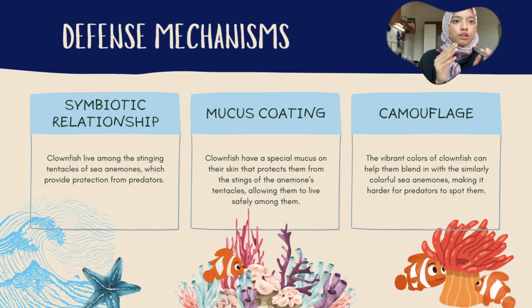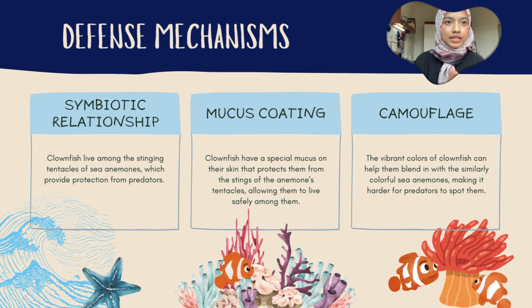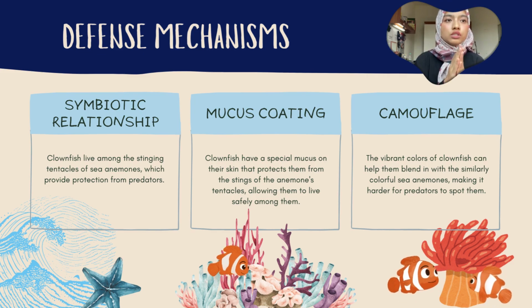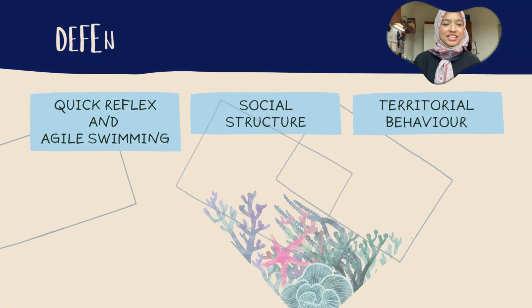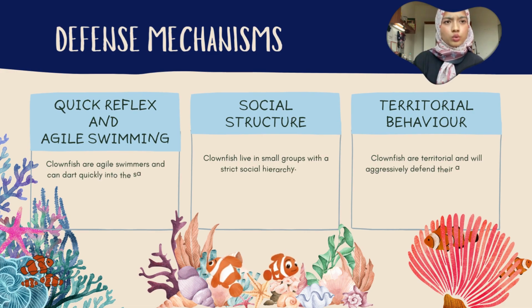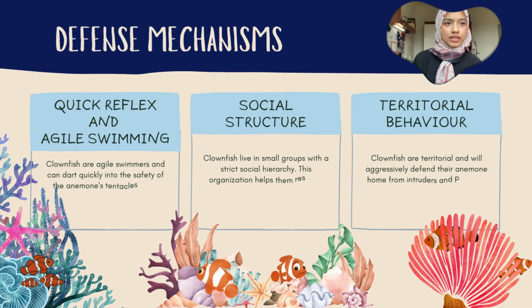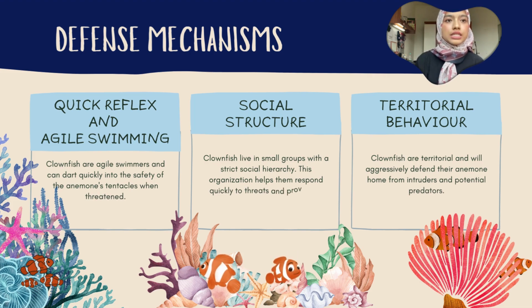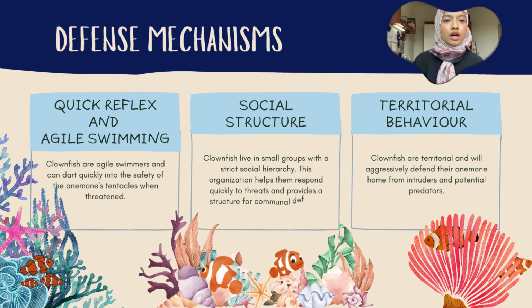The vibrant colors of clownfish can help them blend in with the similarly colorful sea anemones. Clownfish have quick reflexes and are agile swimmers that can dart quickly into the safety of the anemone's tentacles when they are threatened.